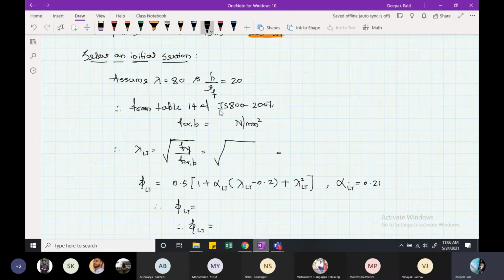Then from table 14 of IS 800 2007, for these two values, FcrB is coming out to be 455.2 Newton per mm square.